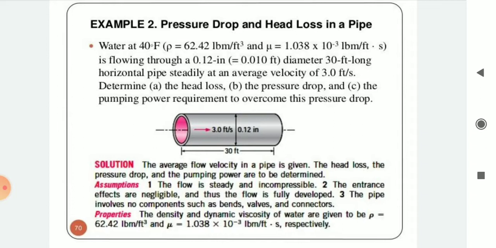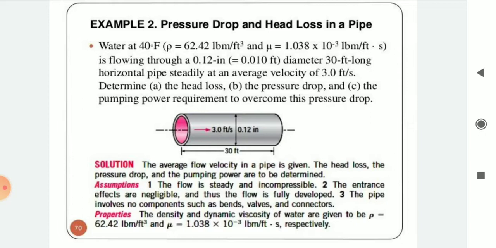Solution: the average flow velocity in a pipe is given; the head loss, the pressure drop and the pumping power are to be determined. Assumptions we have to make: first, the flow is steady and incompressible; second, the entrance effects are negligible and thus the flow is fully developed; third, the pipe involves no components such as bends, valves and connectors, it is a straight line.